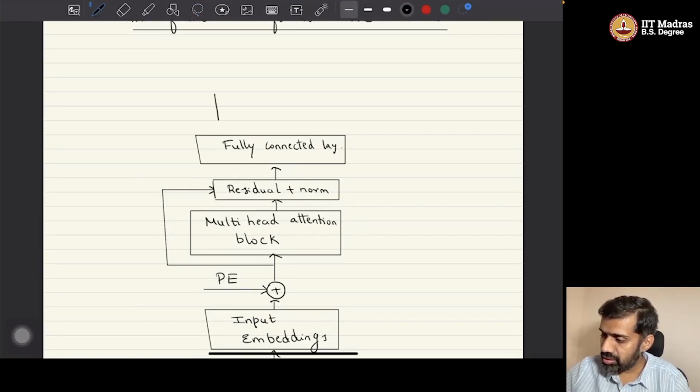As I said, the residual and the normalization layer is applied both after the fully connected layer and after the multi-head attention. This is again the residual plus normalization layer. This will take the input from the fully connected layer and also the vectors before that. That's the idea of residual.